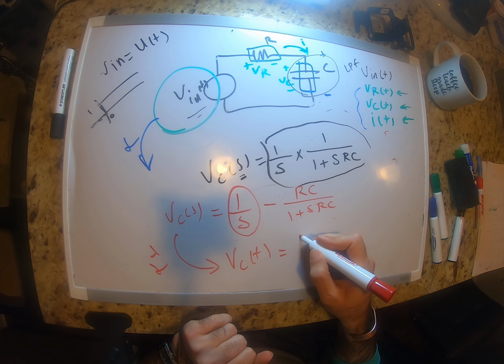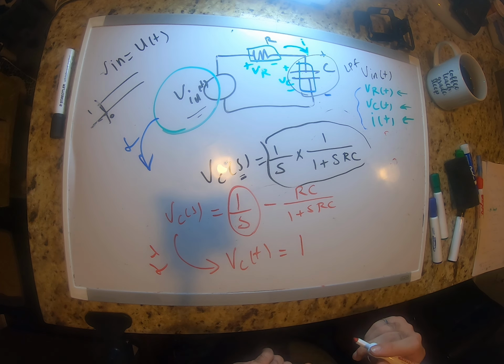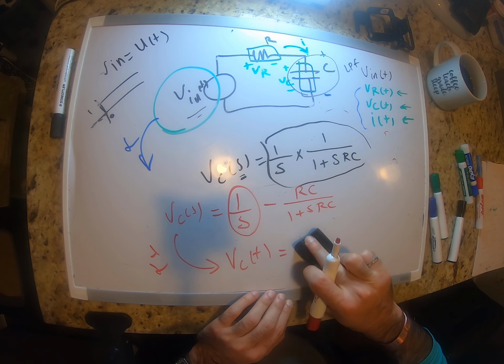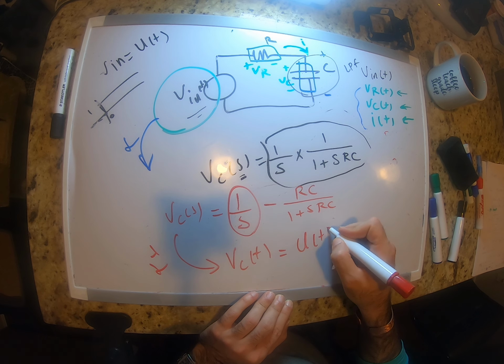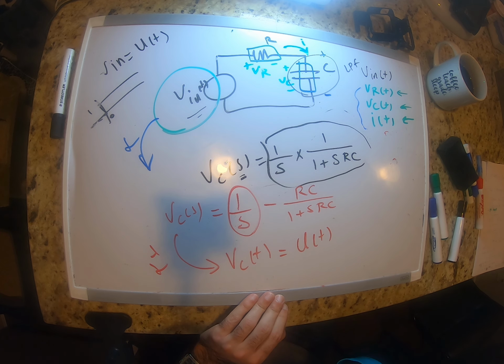If you take the Laplace transform of a constant, you would have 1 over S. Actually, the most correct way of writing it is a unity function, which is 0 before t equal to 0 and 1 afterwards.